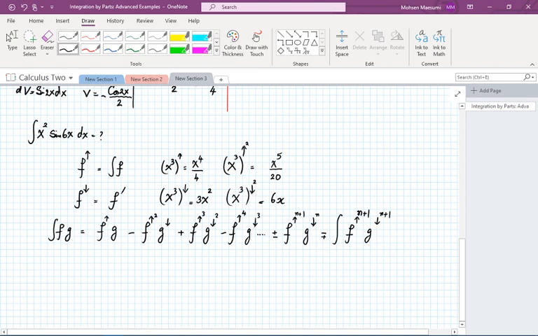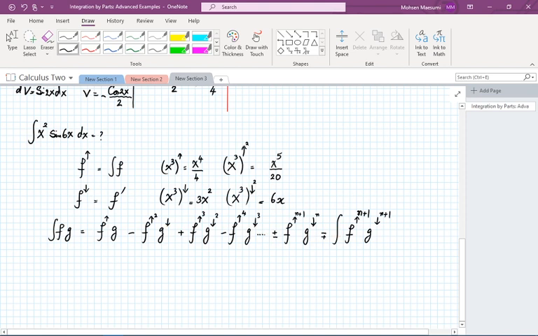Okay, now the formula looks a bit crowded and complicated, but it's really very simple. So you have a product of two functions, you pick one of them to be taken up, so up once, twice, three times, and so on. Take the other one, start by itself, and then take it down once, twice, three times, and so on.